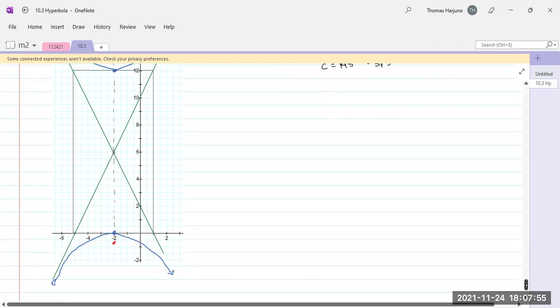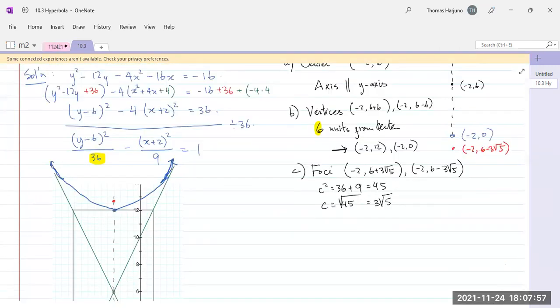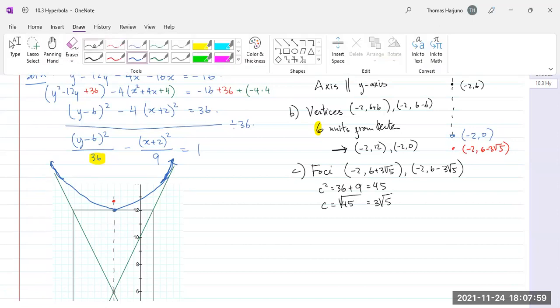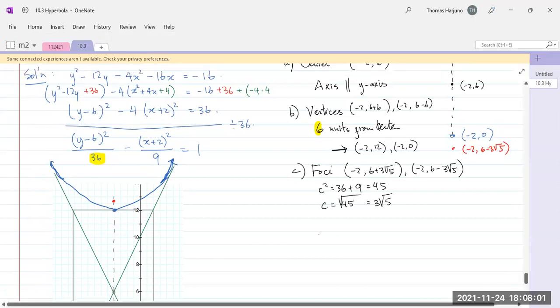Okay, let's write down the equation of the asymptotes. Part D, asymptotes. They are y minus 6 over 6 equals plus or minus x plus 2 over 3. Okay, those are the equations of the asymptotes.